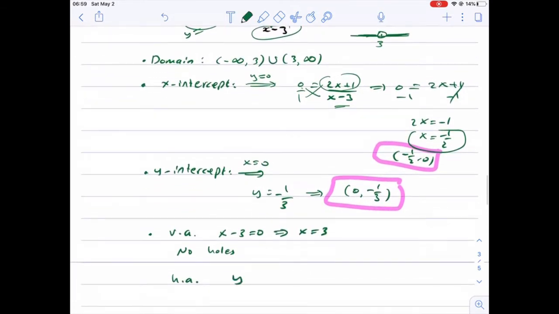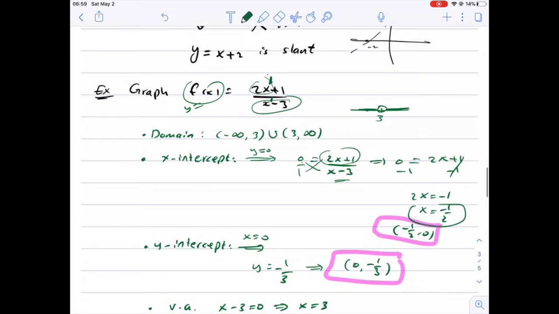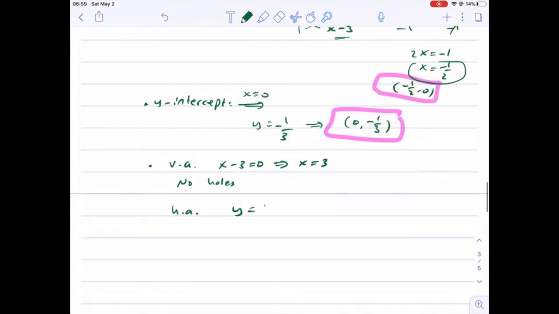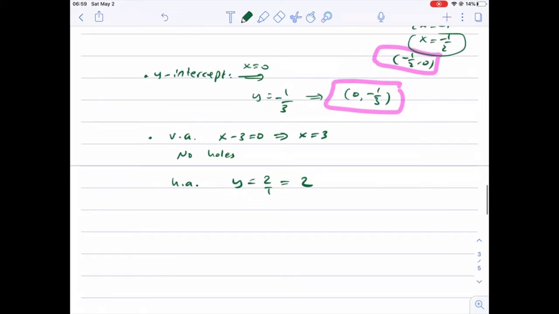It's y equals 2 over 1, the coefficient of x in the denominator is 1, so 2 over 1, which is equal to 2. Now we determine whether the graph intersects the horizontal asymptote.